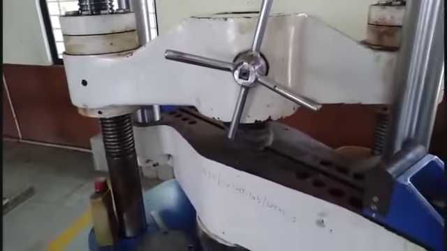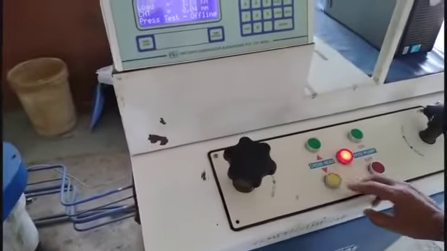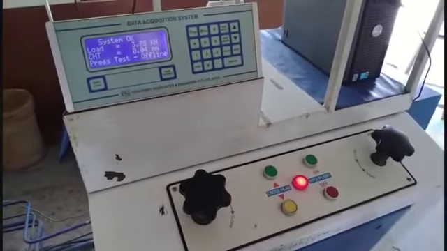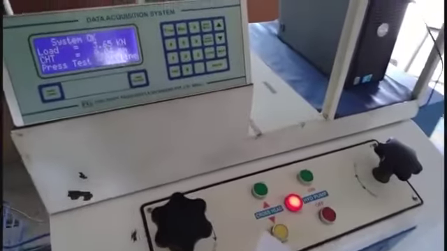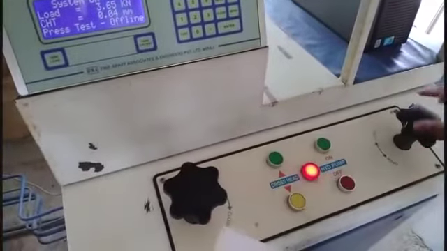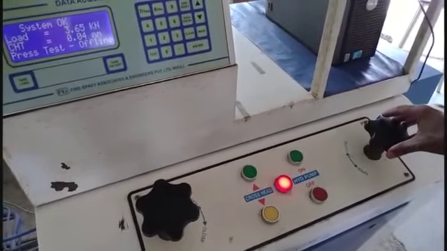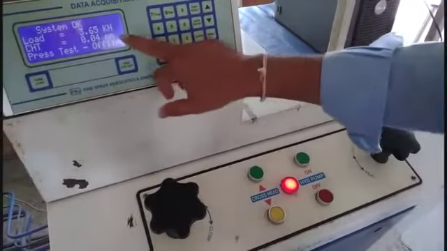Now start the hydraulic power unit. Start the hydraulic pump. Close the left valve and open the right valve to apply the load on the specimen. Next, observe the load and deflection in the digital indicator.